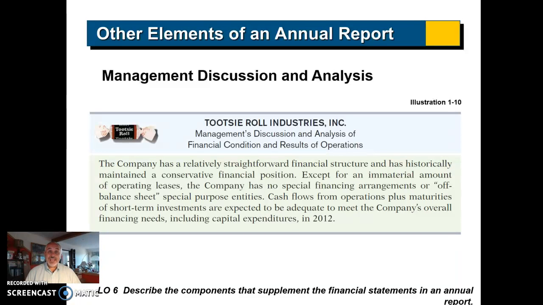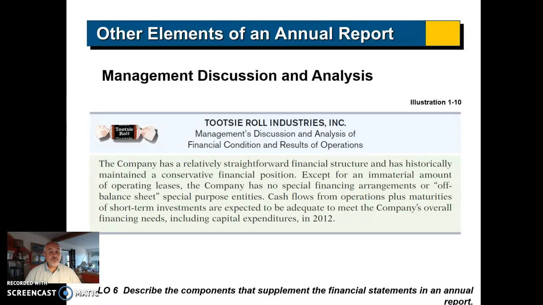We don't have any unique items that you should be aware of. It's the basic assets, liabilities, owner's equity, income, and expenses. And we also are conservative, which means that we are not actively taking risks in any certain areas.